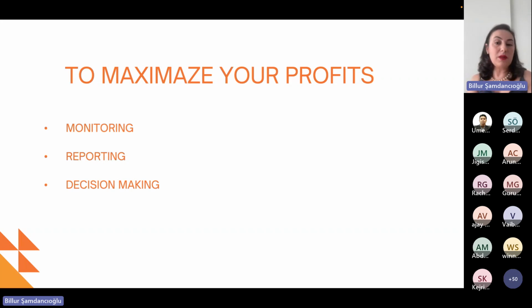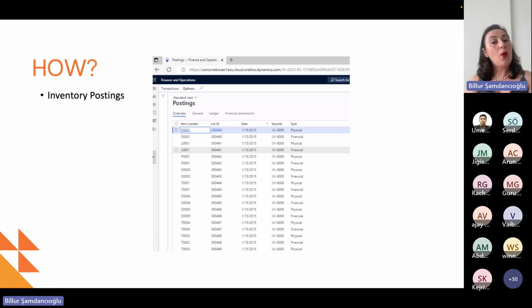You can have all these reports in the system, but decision making is still on humans. Let's see what AI will take us, you know. But decision making is also very important, because when I go to companies, even if they are making a loss on an item, they might decide from a different perspective to still produce that item, or purchase and sell it as well.